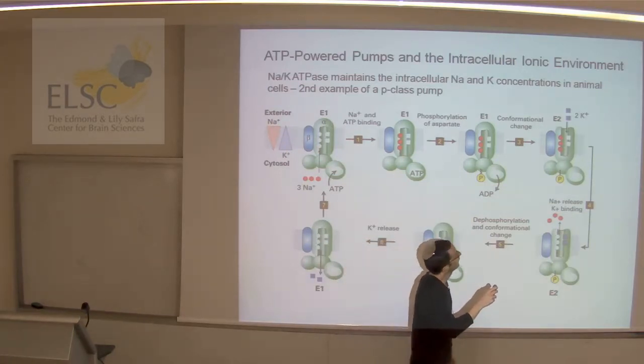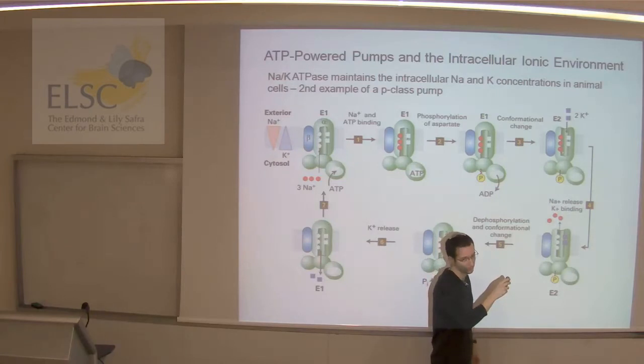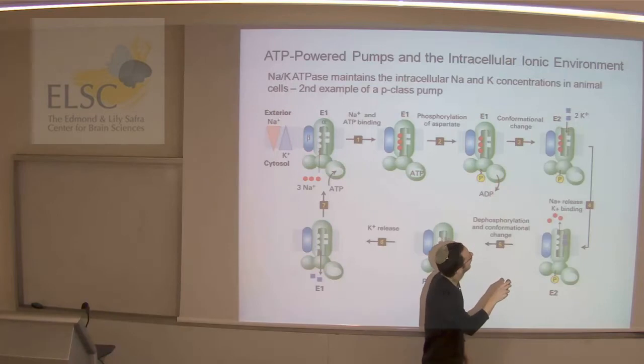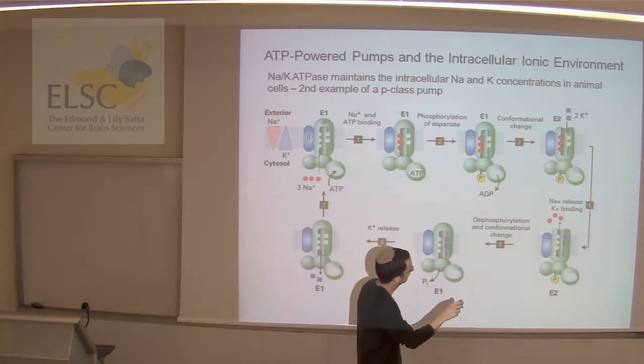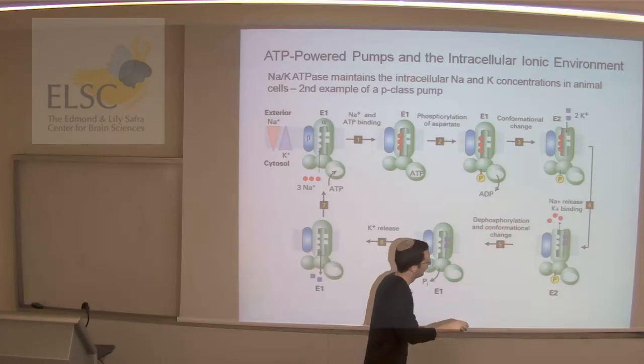In E2, the affinity for the sodium ions right here decreases very sharply. The three ions leave the binding site. Two potassium ions then have high affinity to their binding site, and they are indeed bound there.